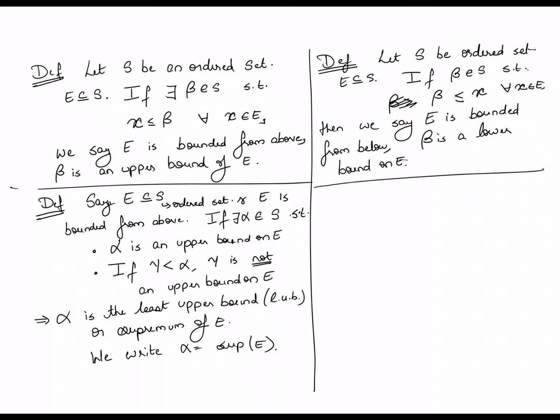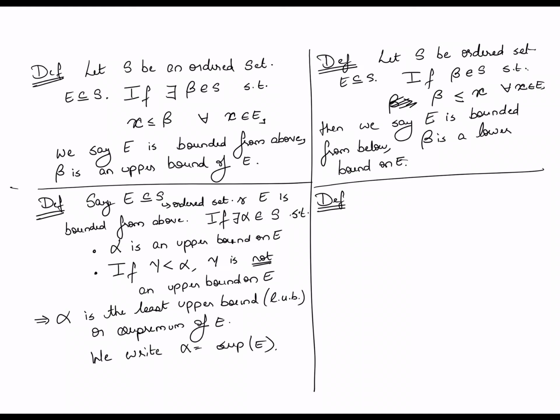Similarly, there is the definition of a greatest lower bound. Remember, earlier we talked about the least upper bound or supremum. That was meaningful for a set that was bounded from above. If there is a set bounded from above, it is meaningful to define, though there is no guarantee of existence, what it means for an element to be the least upper bound.